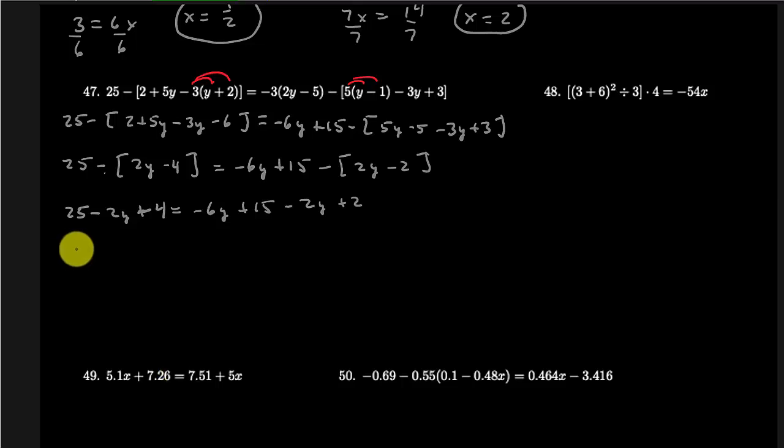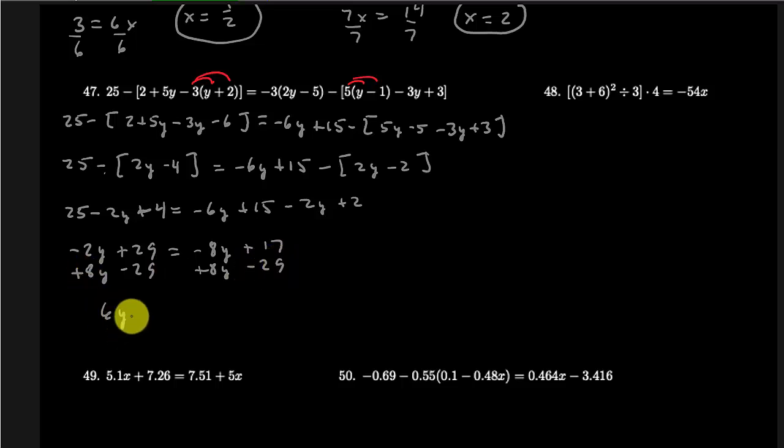All right, so now we have negative 2y plus 29 is equal to negative 8y plus 17. Now let's add 8y to both sides. Let's subtract 29 from both sides.